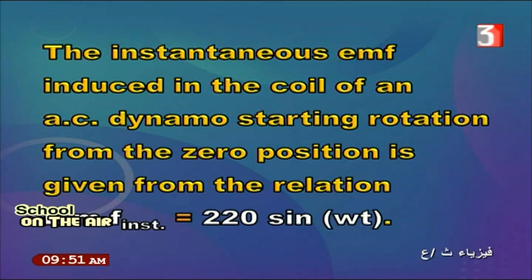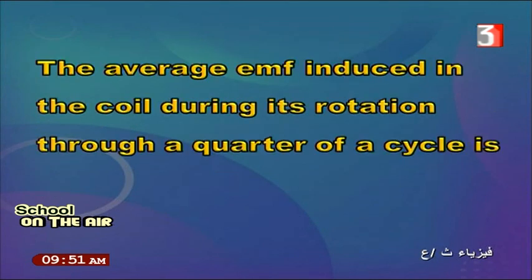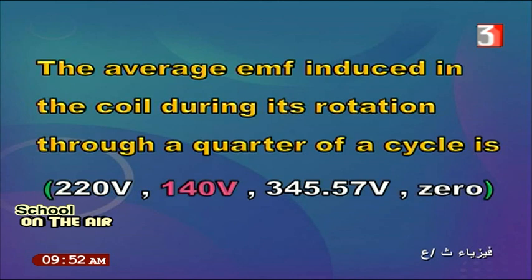What about the choice? The average EMF induced in the coil during its rotation through a quarter of a cycle is 220, 140, 345, or 0? It is 140, but the question is how you manage to obtain it.